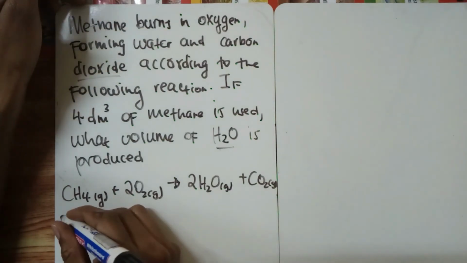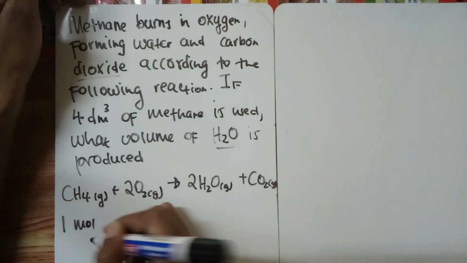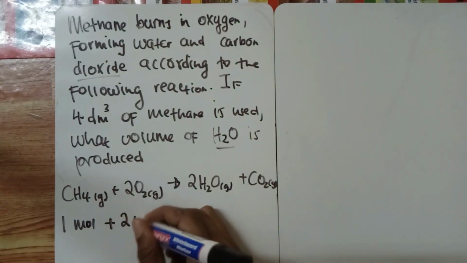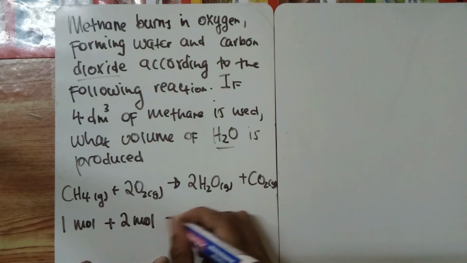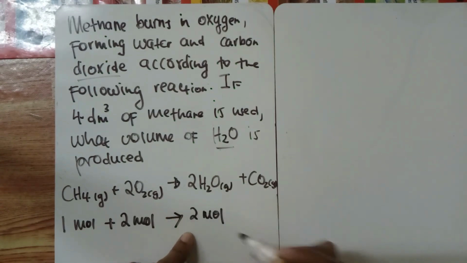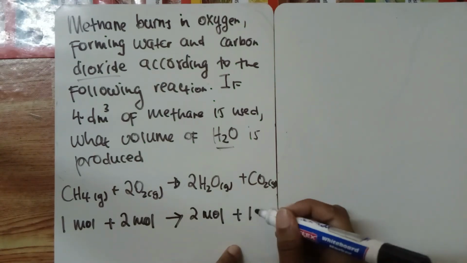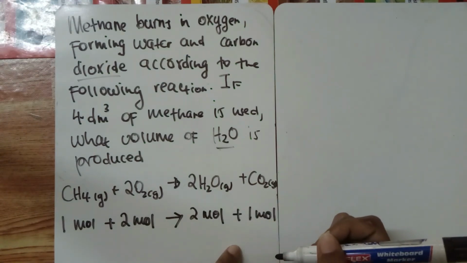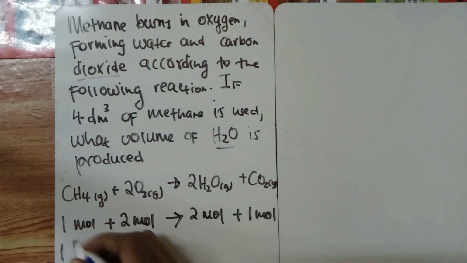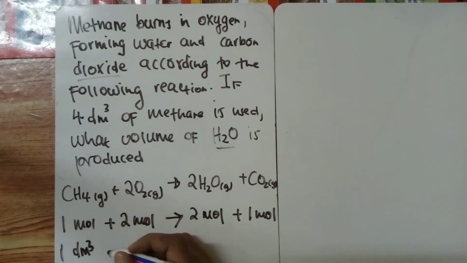So we know that for 1 mole of methane, we will need 2 moles of oxygen, and that will produce 2 moles of water plus a mole of carbon dioxide. We can also write the same thing in terms of volume. So for every 1 cubic decimeter of methane, we will need 2 cubic decimeters of oxygen.